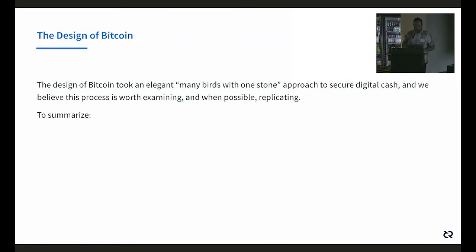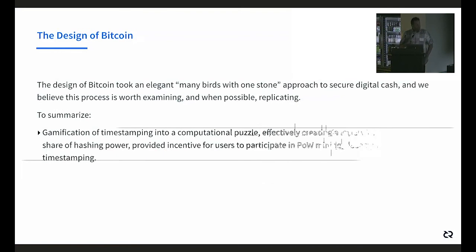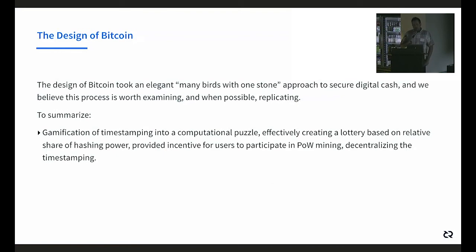So to summarize the changes, the major observation, or the major trick here, is gamification of timestamping. Timestamping is something that typically has to be done by a centralized entity, and by turning it into a computational puzzle and creating competition for solving that puzzle, it becomes a lottery, and people want to participate.